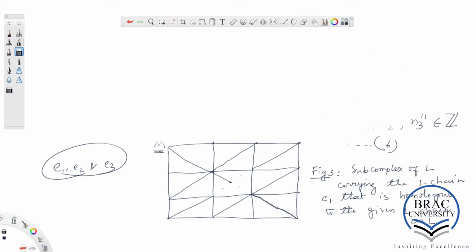Let me draw another subcomplex here. I'm not going into the details of the calculations; they are left as exercises.